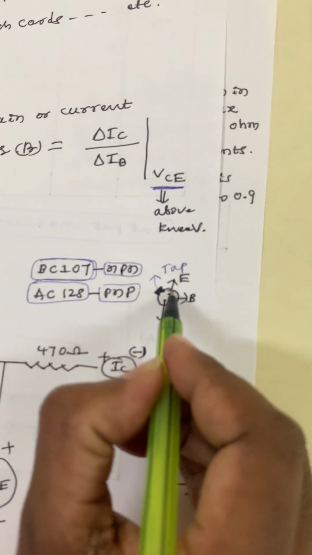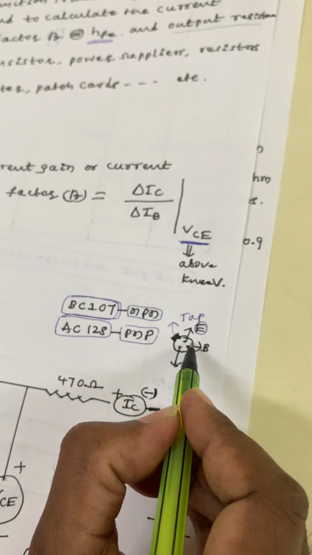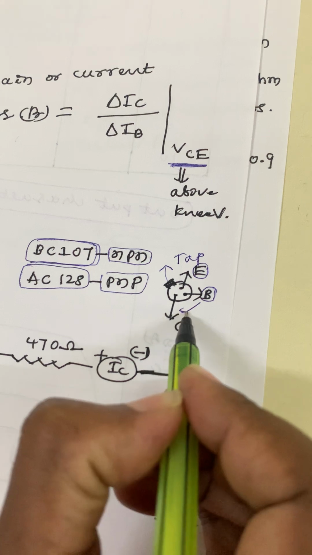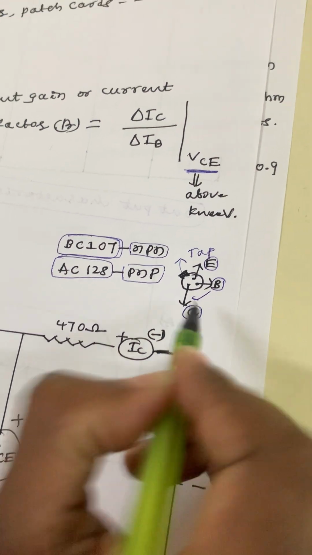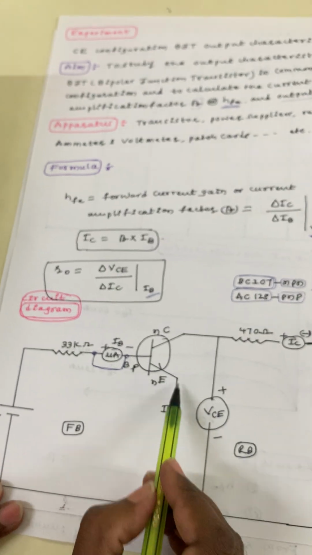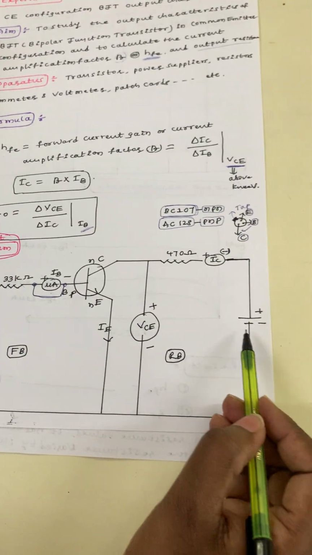Nearer to the tab, the terminal is the emitter terminal, the subsequent terminal is the base, and the next subsequent terminal is the collector terminal. In common emitter configuration, the emitter is common to the input and common to the output.